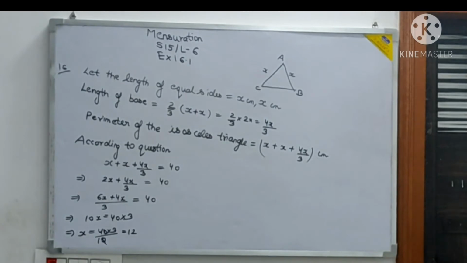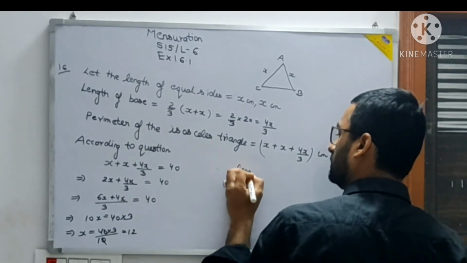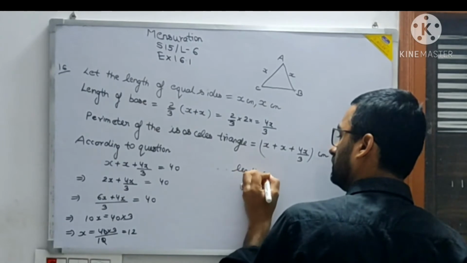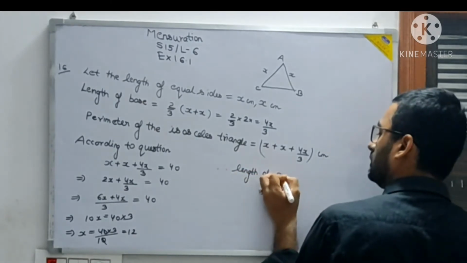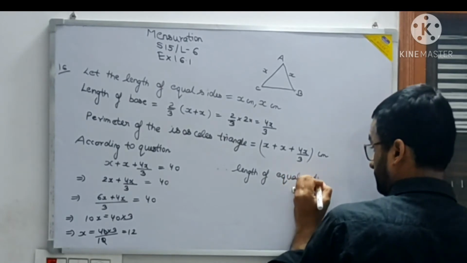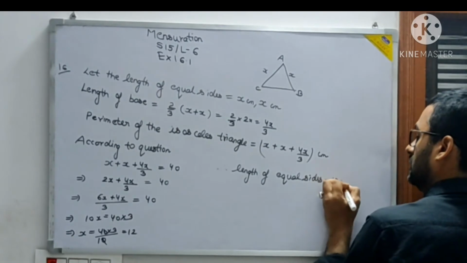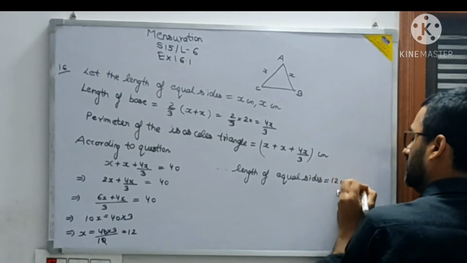What have they asked in the question? Find the length of each side. Therefore, length of equal sides will be equal to 12 centimeter, 12 centimeter.